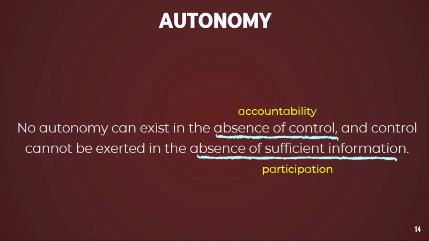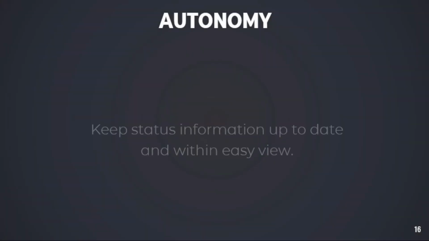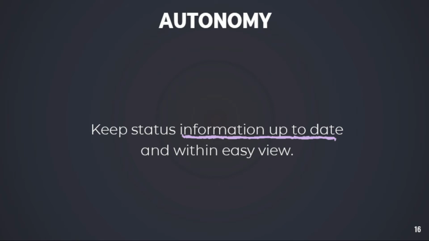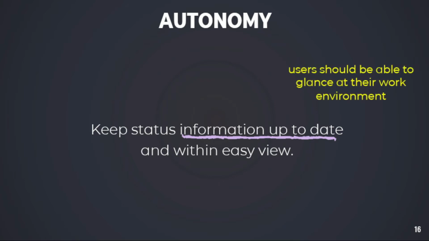Okay, so moving on, still in autonomy, we need to make sure that we keep the status information up to date and within easy view. What does this mean? It means, guys, that users should be able to glance at their work environment. They should know that what data they are accessing is up to date.